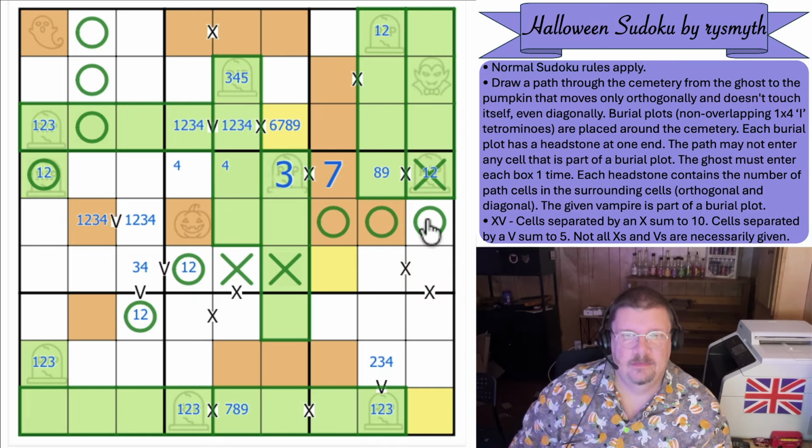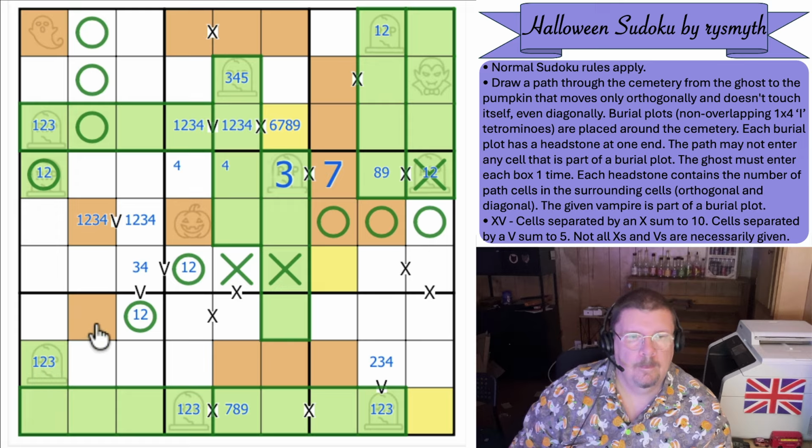If this is a path cell, then that makes that 2. That makes this 1. This now has to be a corner. And that's a 1. But that being a corner means that this would then be a 2, but that would make that a 3.